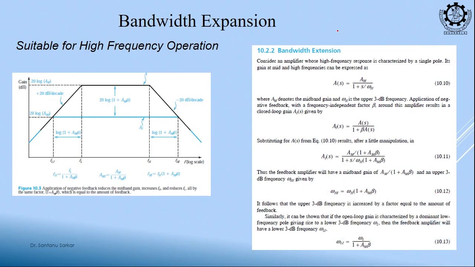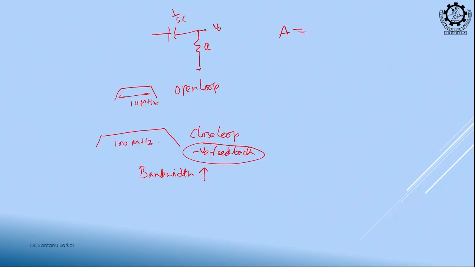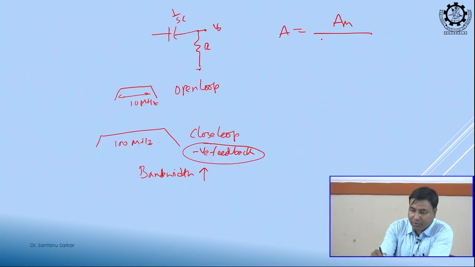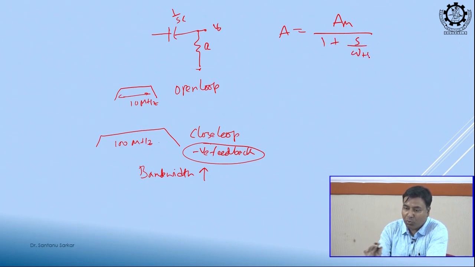Roughly we approximate it as Am by 1 plus S by omega h. So, what is Am? Am is our gain, the DC gain. At DC, meaning at 0 frequency, this is our gain. And what is omega h? The corner frequency, right.